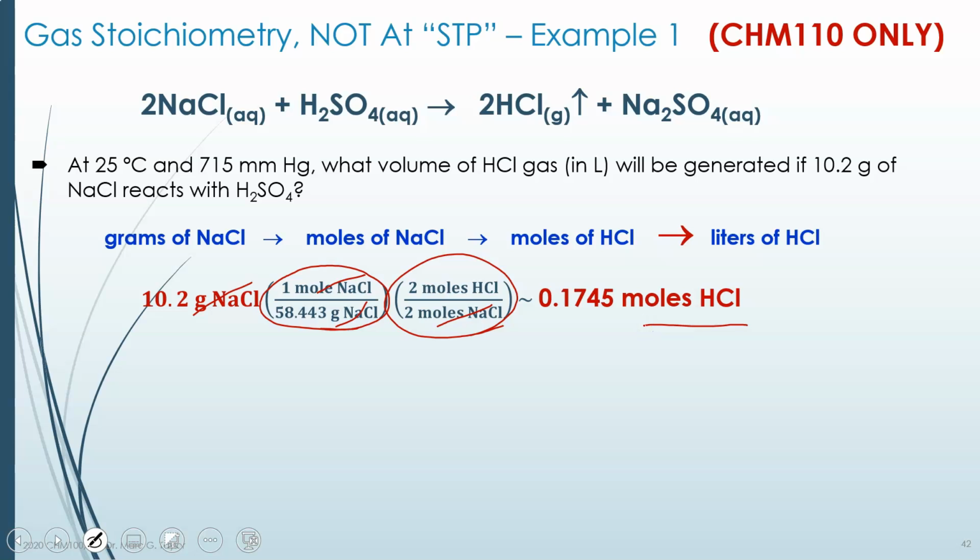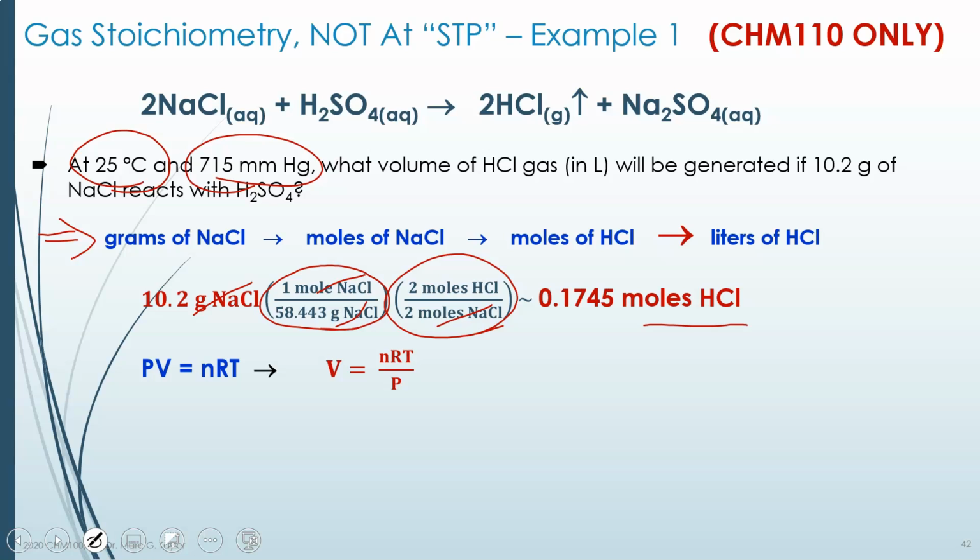We can't use STP because it's not at STP. Otherwise, we could just take this number of moles and multiply it by 22.4 liters per mole, and we get our answer. But we're not there, so we have to use different conditions. And that means we need a temperature and pressure and the ideal gas law to solve it. So we start with the ideal gas law. We want a volume. That's what we're being asked for. Remember, look at your original map here of how you're going to do the problem.